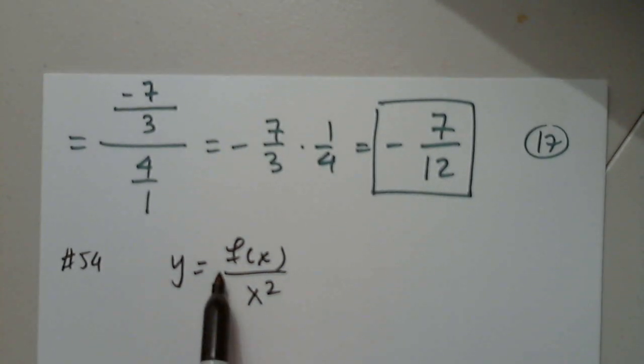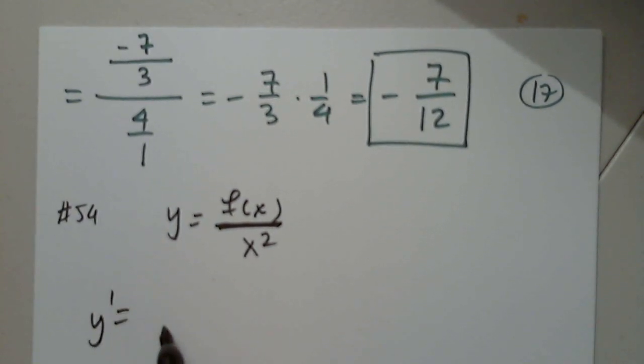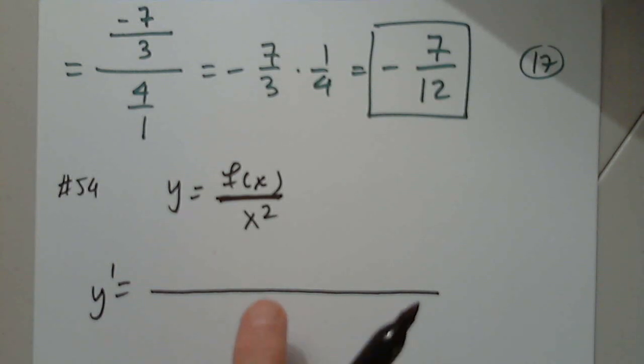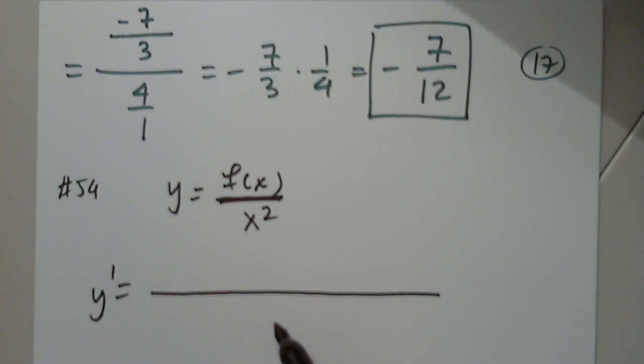Good. Obviously, it's a quotient, so I have to use the quotient rule. Let's start with the denominator. What will the denominator be? 2x?